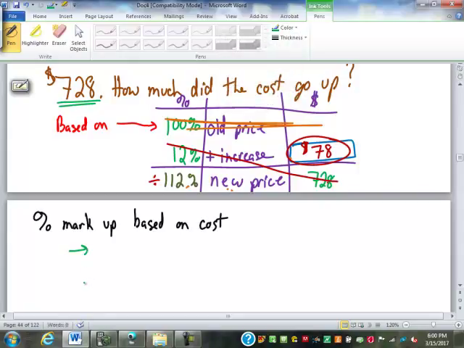In a percent markup based on cost, the dollar amount of the markup, the dollar markup, is calculated as a percent of the cost.